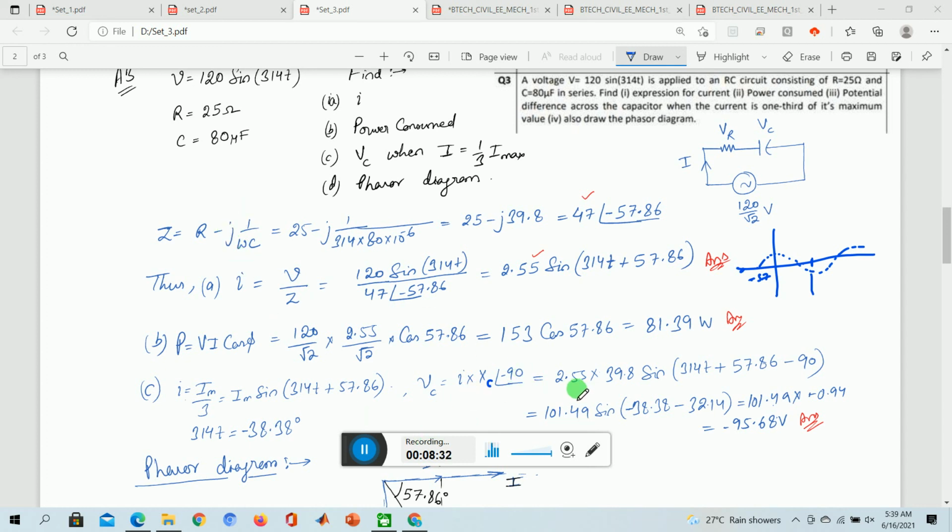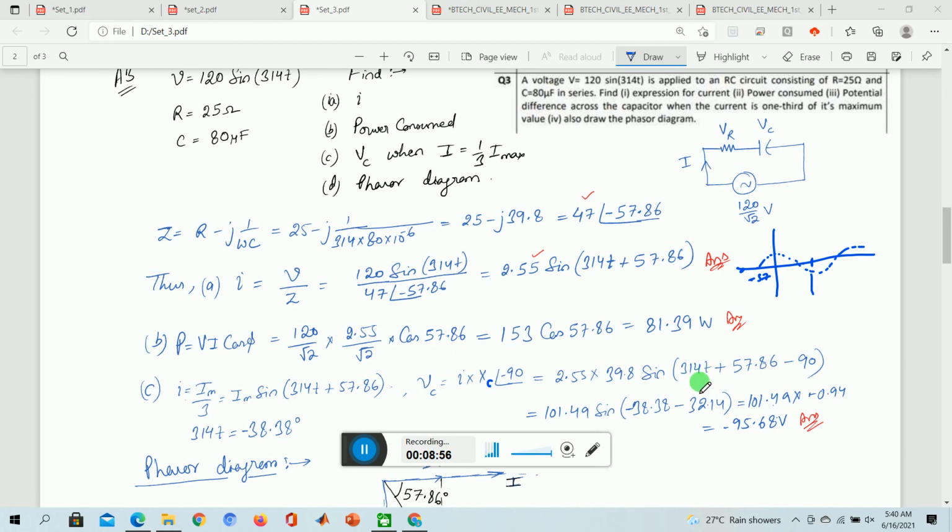So I is 2.55 sine of this term. This XC value is 39.8. This minus 90 has been fused over here, minus 90 in the equation. So whatever the current equation, we just multiply here with XC with its peak value, and this minus 90 is being added over in the phase.